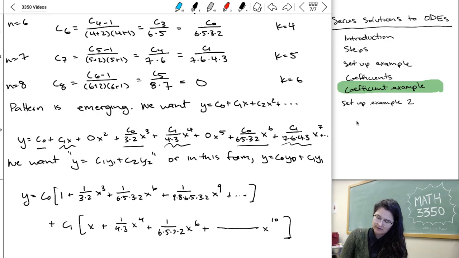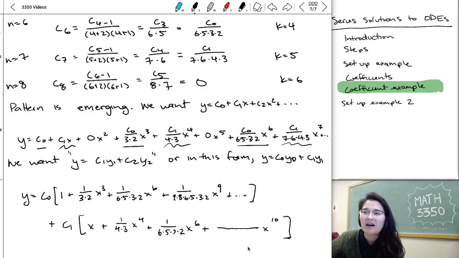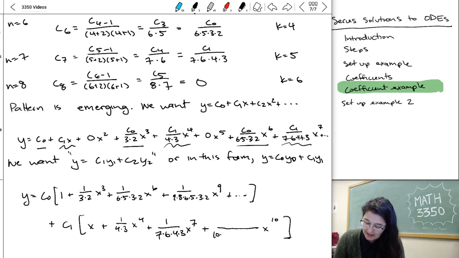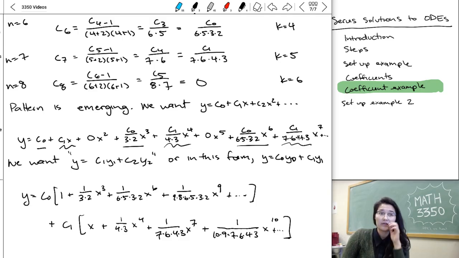That would only take us up to 8. Sorry, I just copied down my C0 term here. I should be at C1. That 1 over 7 times 6 times 4 times 3 x to the 7. So I know my x10 is going to be that 10 times 9, skip 8, 7 times 6, skip 5, 4 times 3 times x to the 10, so on and so forth.